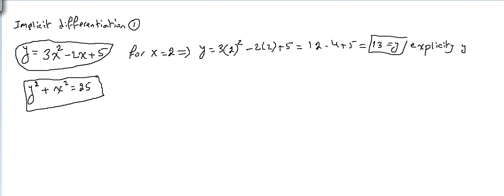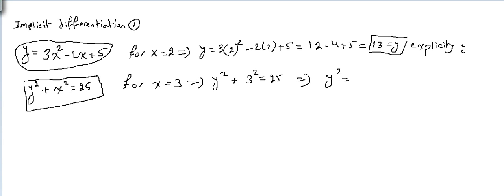Why implicit? Because if you give me, for example, x equal 3, then what is y? y squared plus 3 squared equal 25. This implies that y squared equal 25 minus 9. So y squared equal 16.